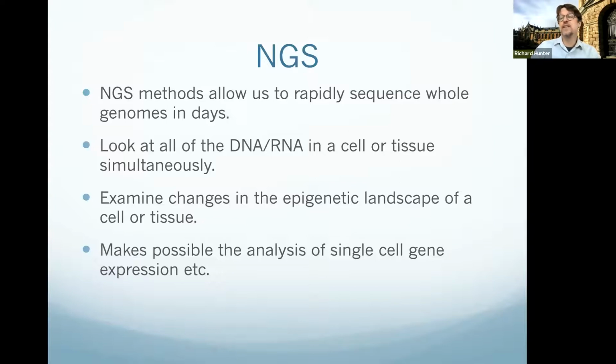And in fact, in the past year or so, it's become possible to look at the epigenetic landscape in a single cell from a single piece of your brain or a single blood cell, and also look at the RNA or the gene expression that it has as well. So we've gotten to a very fine scale of analysis that's possible nowadays. But of course, as you might guess, all of this data creates a lot of analytical problems for us.